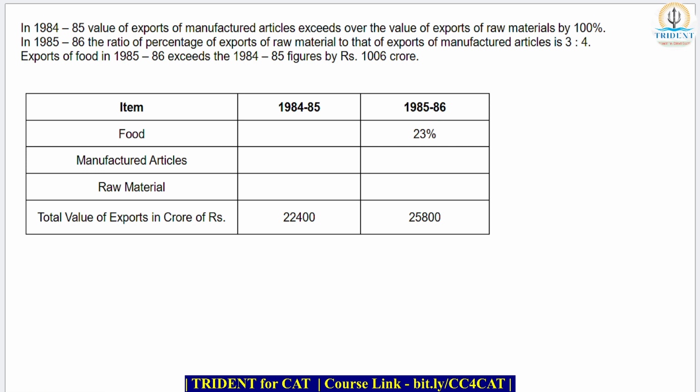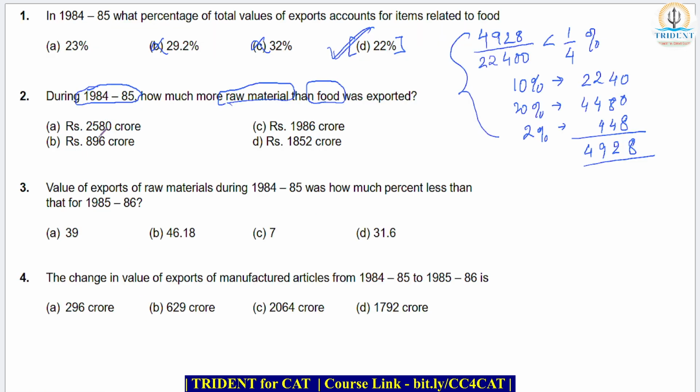So there are two numbers, 1986 and 896, but then this is more than 1000, so this is not going to be the answer, this is going to be the answer. This also goes out, and also if you realize 896 fits our bill, it is less than 1000.